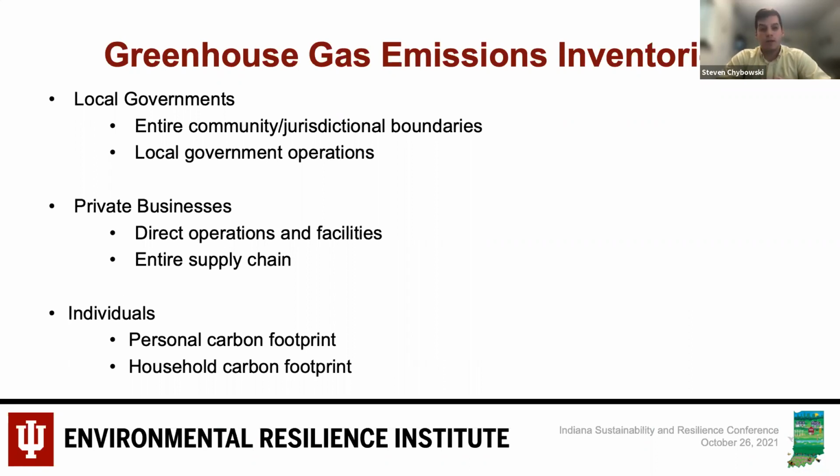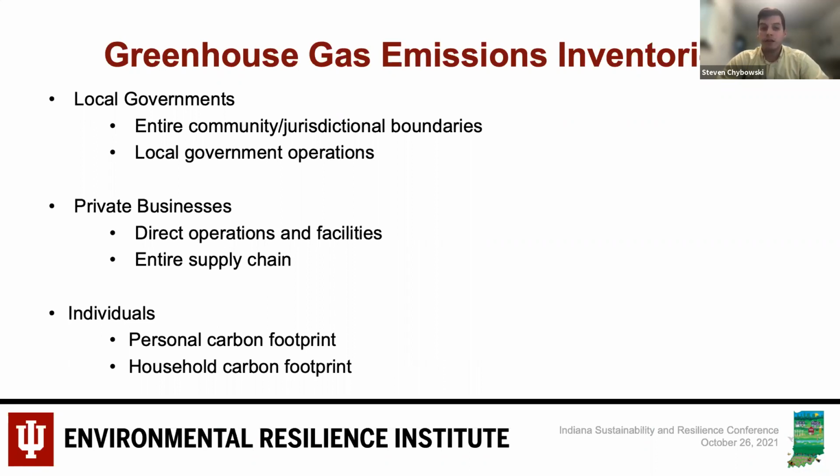As a local government, you can look at doing a greenhouse gas emissions inventory for your entire community, meaning taking into account everything within your jurisdictional or political boundaries and accounting for all the emissions being created within that geographic region. That's a very standard and common practice for greenhouse gas emissions accounting for local governments.